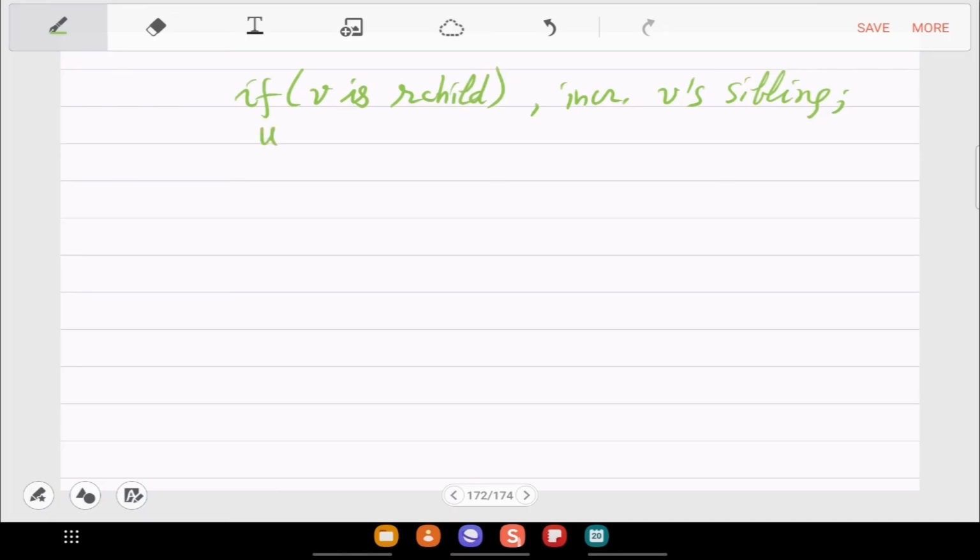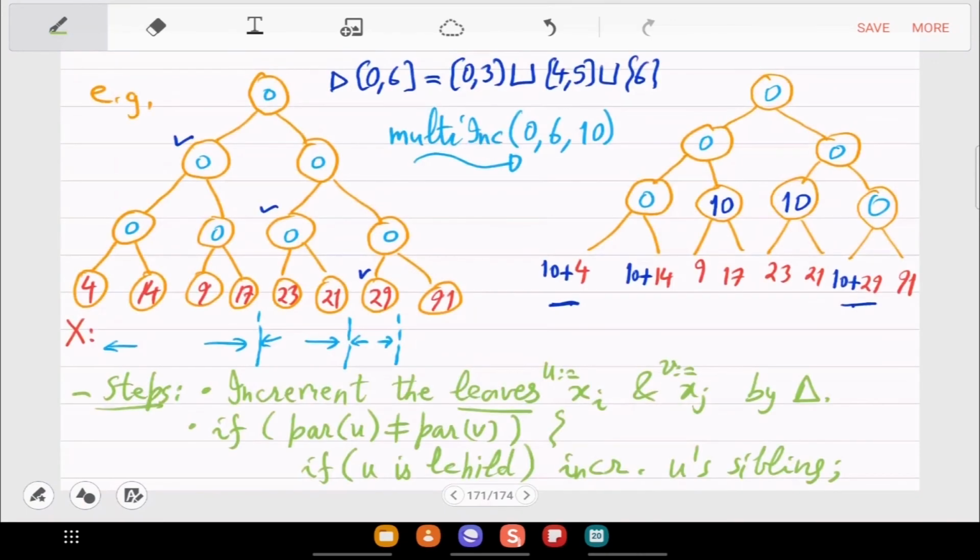And once the siblings are incremented or not, then you move to the parent. So you move one level up, which means U you set to parent of U, and V you set to parent of V. So this is moving up. And that's it. Okay, that's the pseudocode. So I want to use this simple pseudocode, and this is what I've executed on this example.